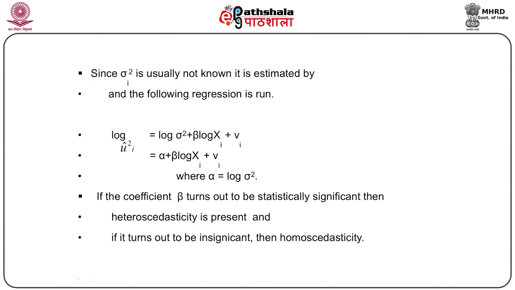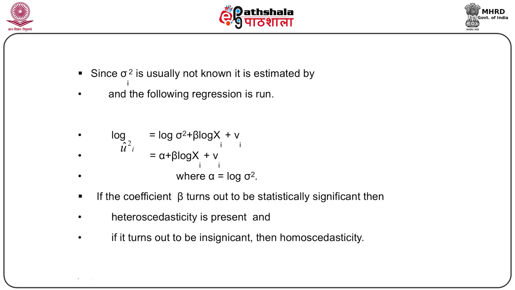Since sigma i square is usually not known, it is estimated by hat ui square, and the following regression is run using the model, log hat ui square equals log sigma square plus beta log xi plus vi, where hat ui square is the estimated square of residuals obtained after fitting the regression model ignoring heteroscedasticity.